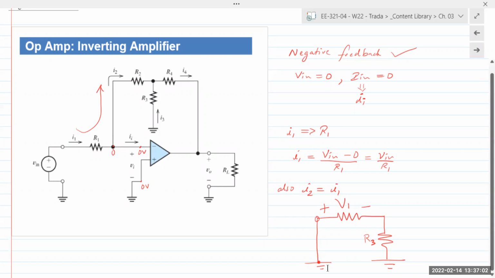One more time. From the concept of virtual ground, if the non-inverting terminal is connected to 0 volts, meaning ground, virtual short or virtual ground tells us that we can treat the inverting terminal also as connected to 0 volts or ground.